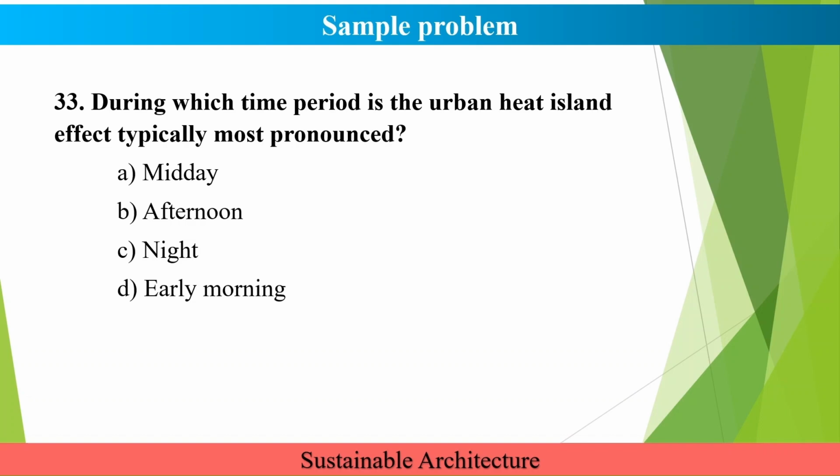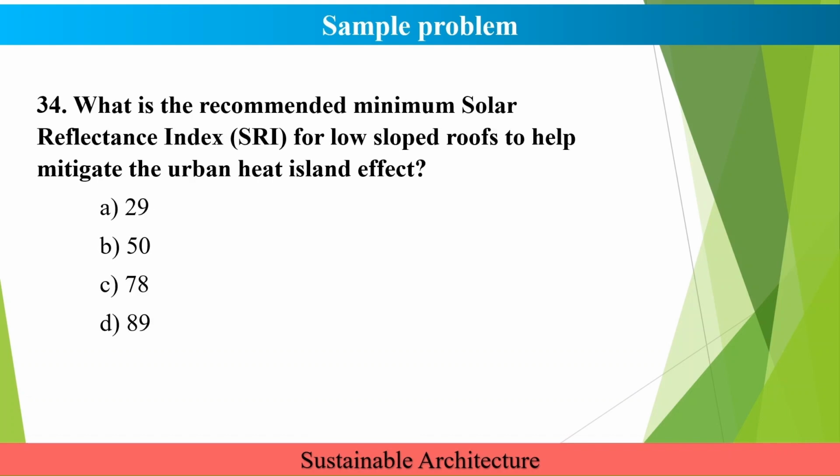We can move to the next question. Question number 34. What is the recommended minimum solar reflectance index, or we can also call it SRI, for a low sloped roof to help mitigate the urban heat island effect?